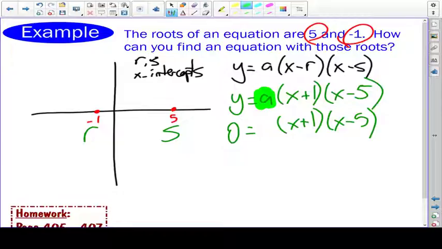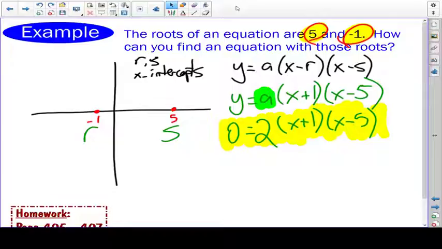So I'll put a 2 here, but that a value doesn't matter. So this right here is a quadratic equation that has the roots 5 and -1. The a value is inconsequential. So it's just 2 times x plus 1, x minus 5.